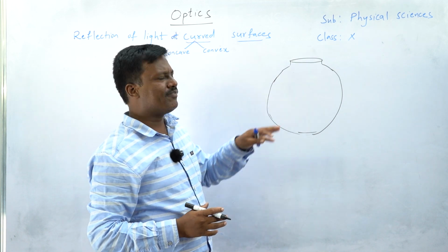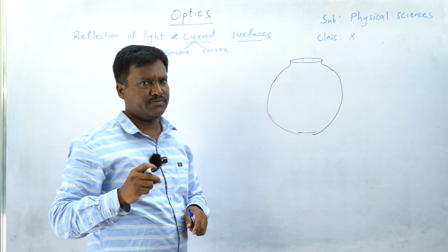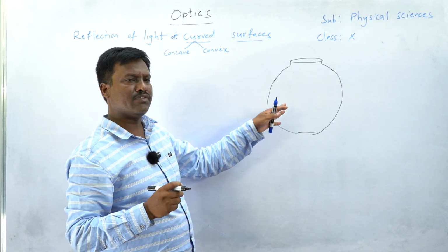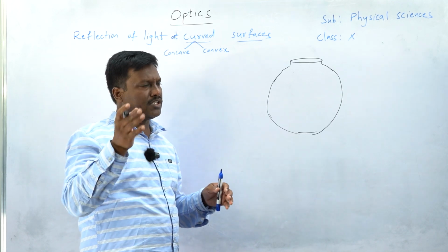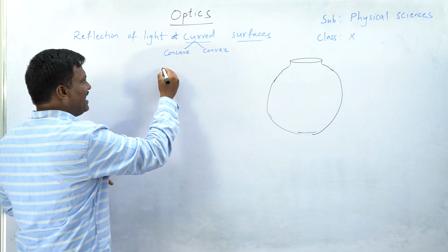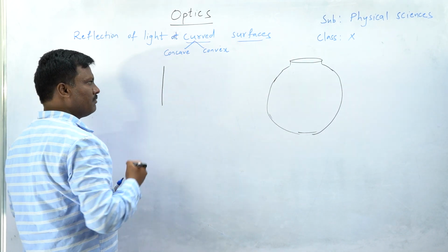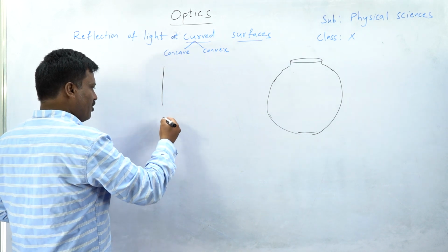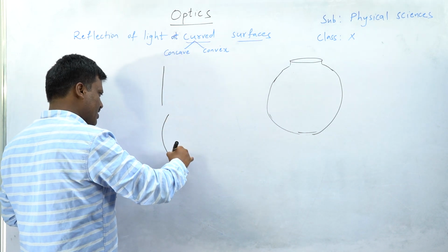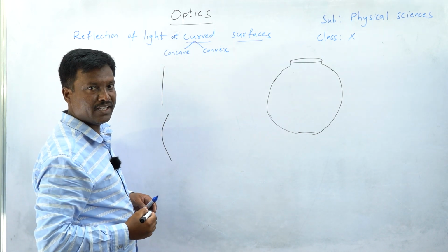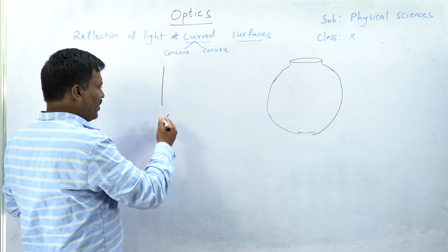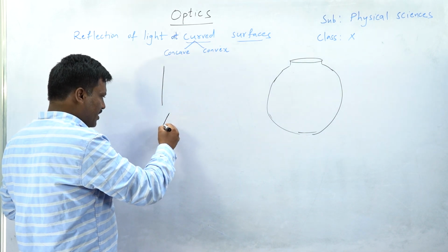Now you collect one of the pieces and observe that piece. This one is broken, right? When you observe the piece, will you find the surface is plane? No. You will find the surface is curved this way. Isn't it? So it has a curved surface.